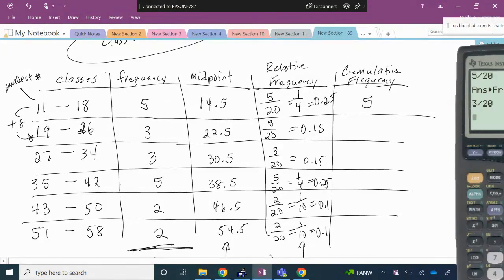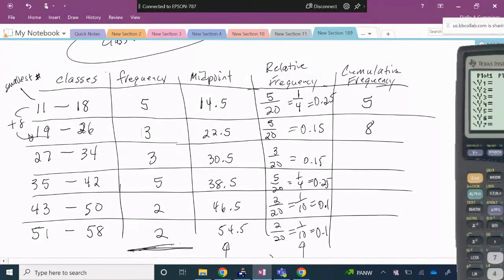So the definition for cumulative frequency is the frequency of that class plus all previous. So if I look at the second one, it has a frequency of 3, right? Plus the previous class, which is 5, so its cumulative frequency is 8.